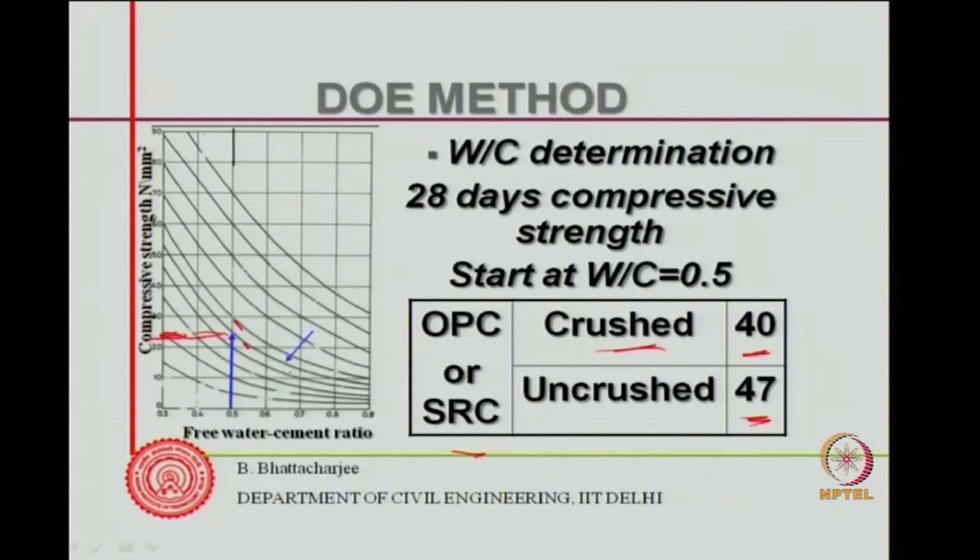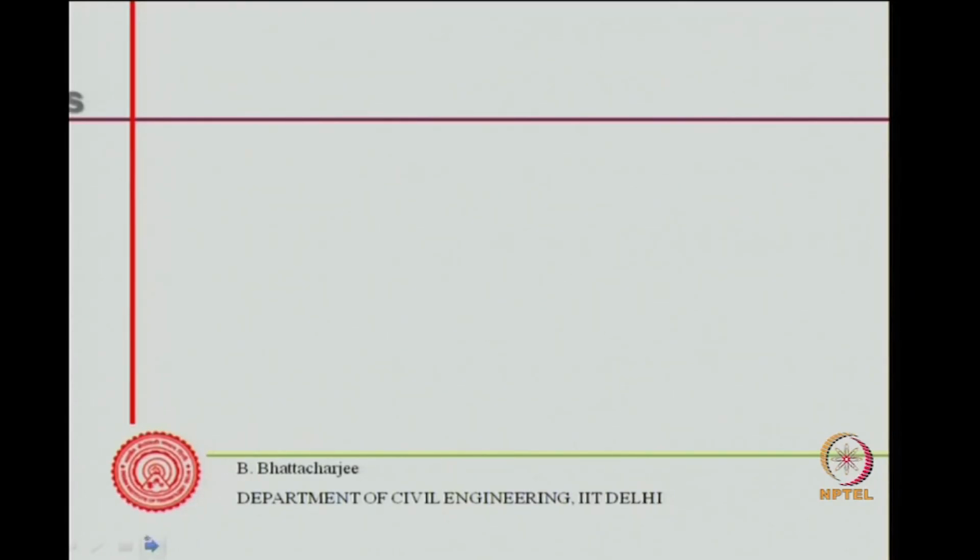So you find out which curve you want to use, then go to your target mean strength and draw a horizontal line up to that curve. So this was my curve, and up to this point, and this I project downward to get the water cement ratio, which I got as around 0.45. So the water cement ratio can be determined in this manner. The next step is to determine the water content.